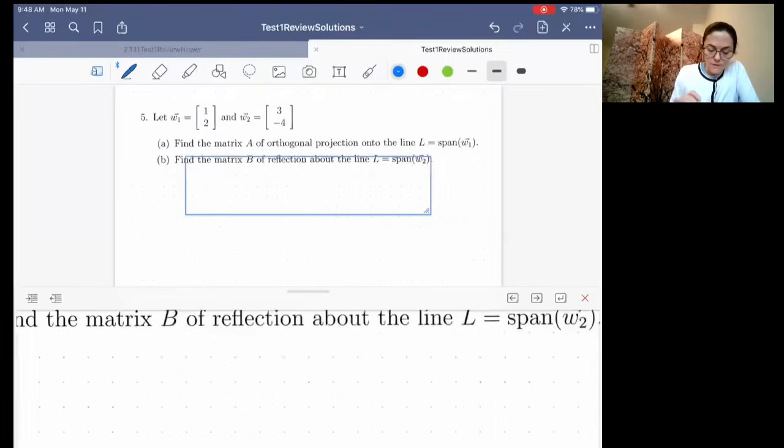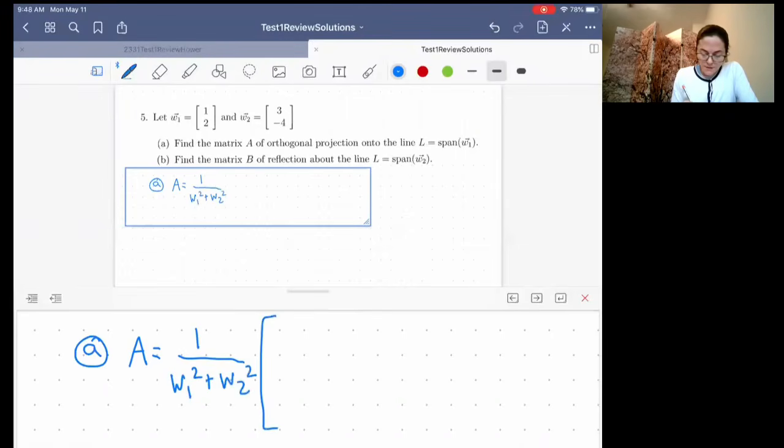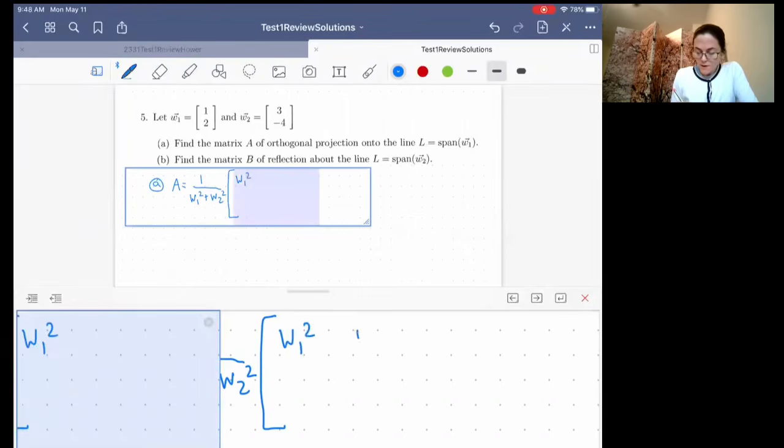Okay, wonderful. So we could have a few choices here. For A, the matrix of projection is 1 over W1 squared plus W2 squared, and then this was W1 squared, W1 W2, W1 W2, and W2 squared.